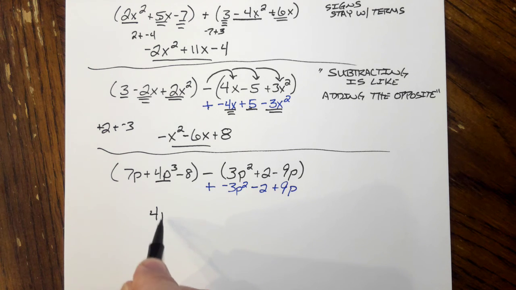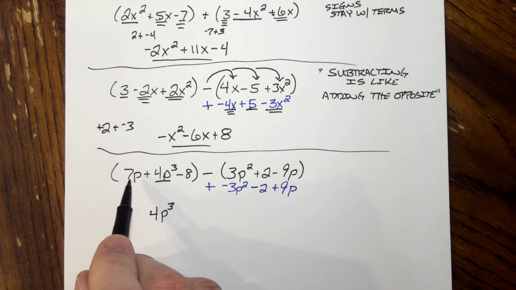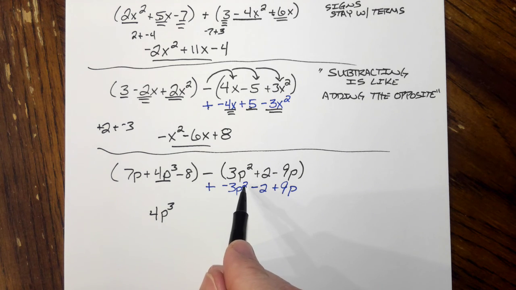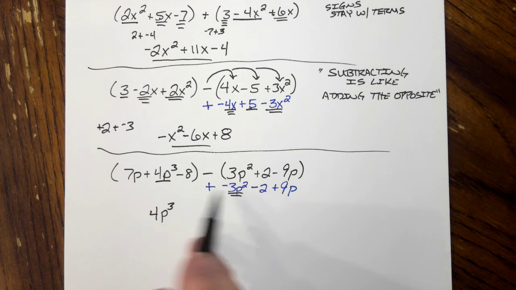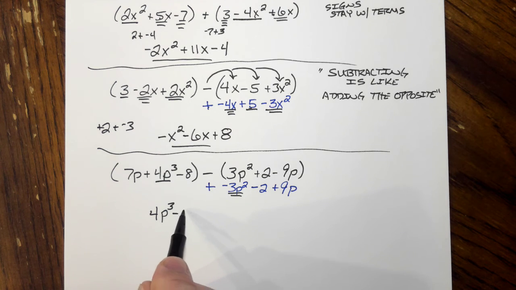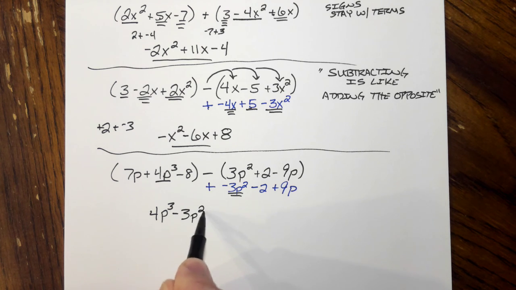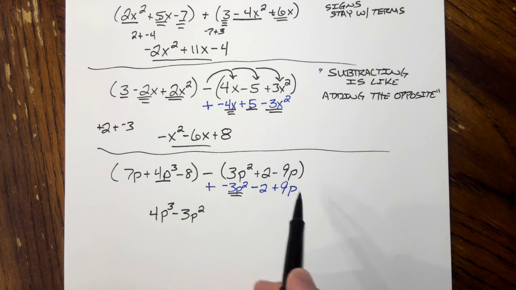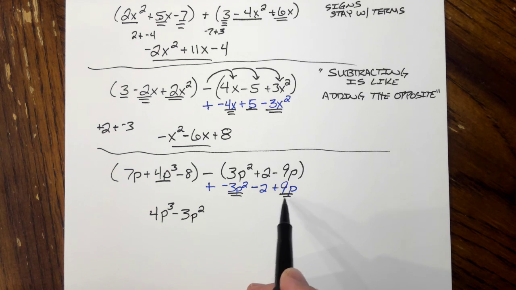Write it down. 4p cubed. All right, I look. Here's something. Doesn't always have to be here. That's the next highest power. Does it match up with anything here? No. Write it down. Minus 3p squared. I look. All right, here's to the first power.